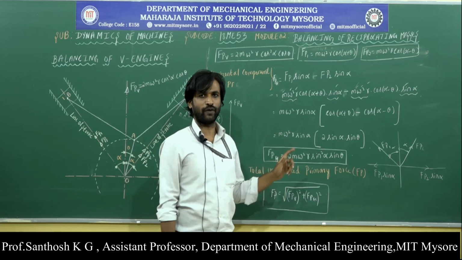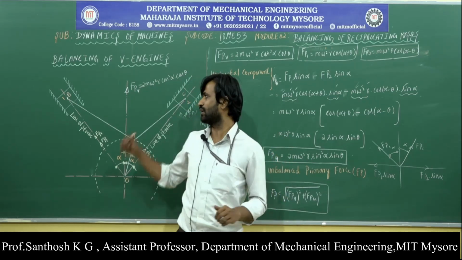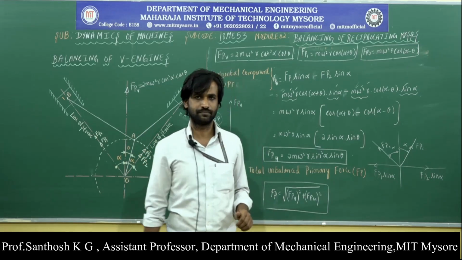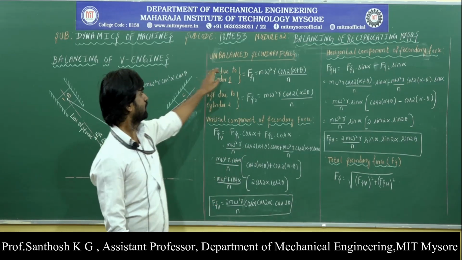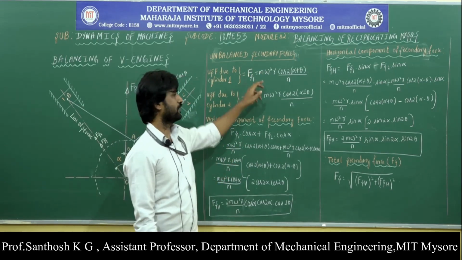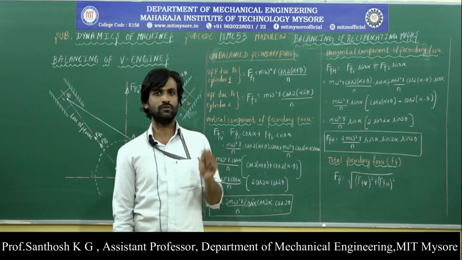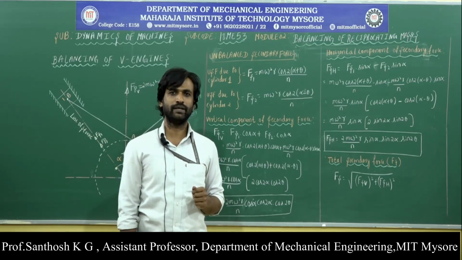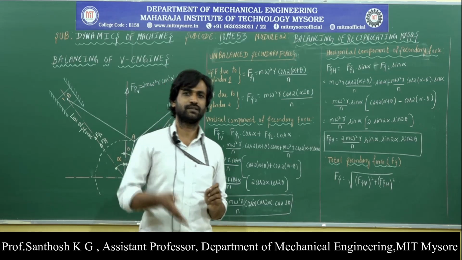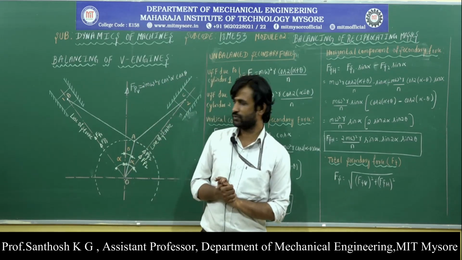Now let us try to find the secondary unbalanced forces in case of the V engine. We know that in order to calculate the secondary forces, we use the equation m omega square r into cos 2 theta divided by n, where theta represents the angle of inclination of the crank with respect to the line of stroke.